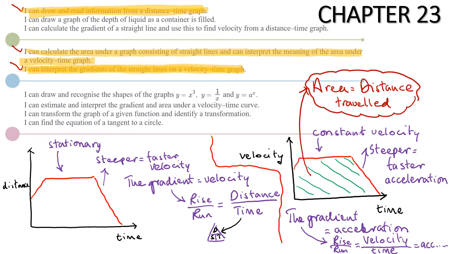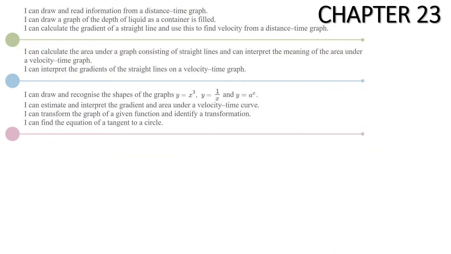But if we have, let's say, a velocity time graph, so I'll just put V here and T, and it's not something that we can easily work out the area of.